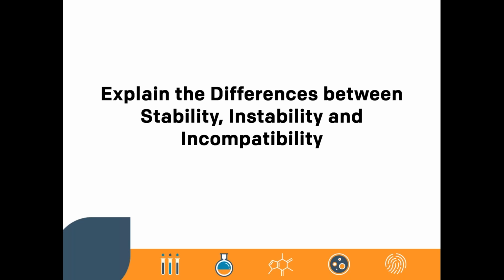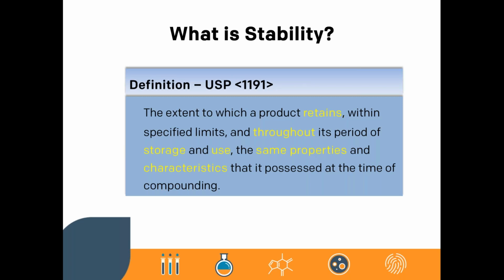For the first objective, we'll be looking at the differences between stability, instability, and incompatibility. This is taken directly from USP 1191, and I think this is one of the better definitions for shelf life or stability.